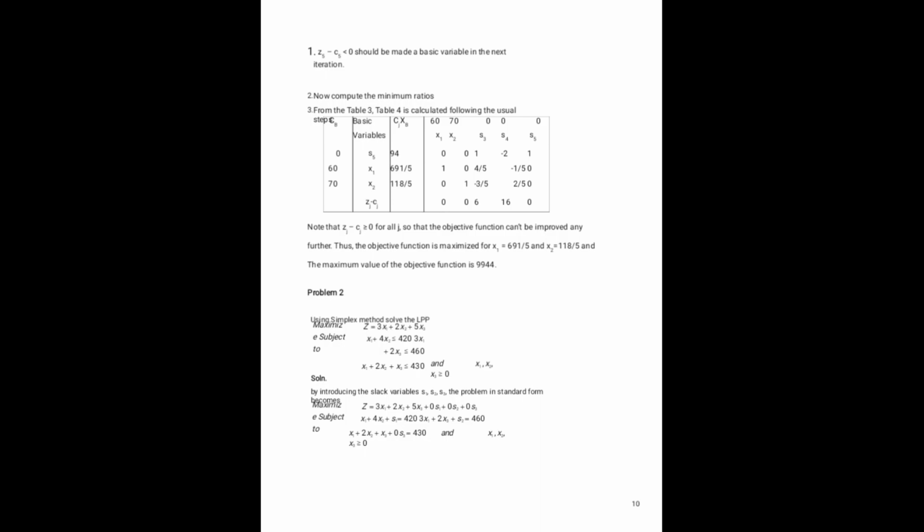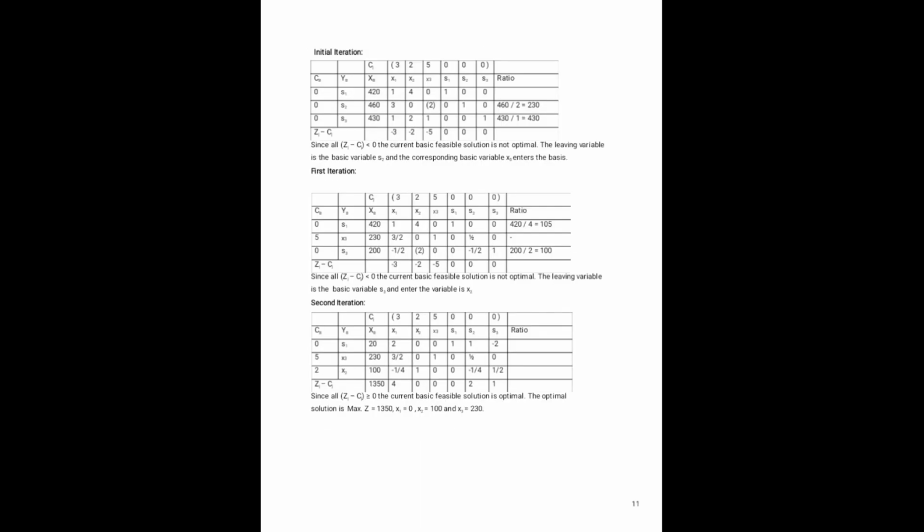First, by introducing the slack variables s1, s2, s3, the problem in standard form is: maximize Z equal to 3x1 plus 2x2 plus 5x3 plus 0s1 plus 0s2 plus 0s3, subject to x1 plus 4x2 plus s1 equal to 420, 3x1 plus 2x3 plus s2 equal to 460, x1 plus 2x2 plus x3 plus s3 equal to 430, and x1, x2, x3 greater than or equal to 0.